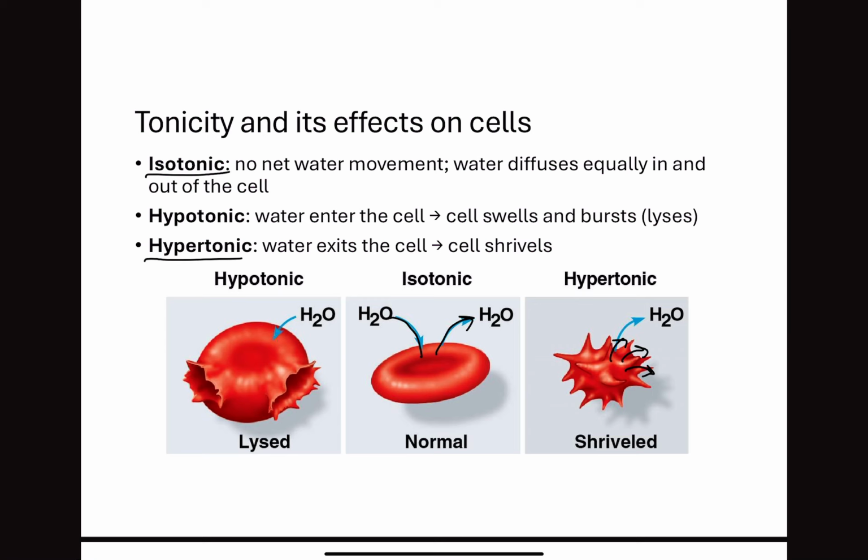That can kill our aquatic animals, because if the lake water becomes too salty, if it becomes too hypertonic for the cells of those animals, its cells are going to shrivel and die. So we can think of hypertonic as containing non-penetrating solutes.